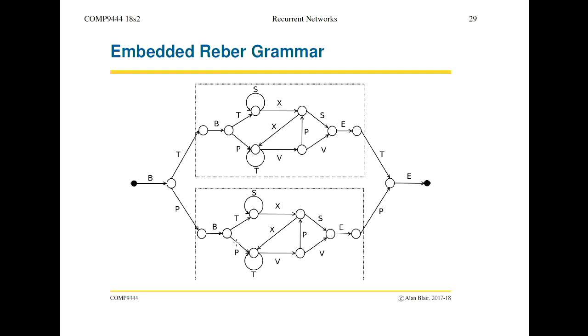So this is specifically designed to be an example where you need to remember long-range dependencies. This is called the embedded Reber grammar. So each of these two blocks is the same as the Reber grammar we just looked at before, but there's this extra complexity.